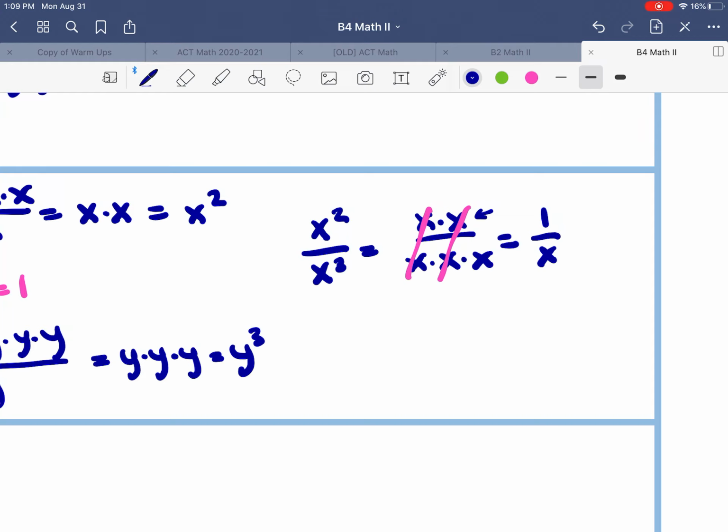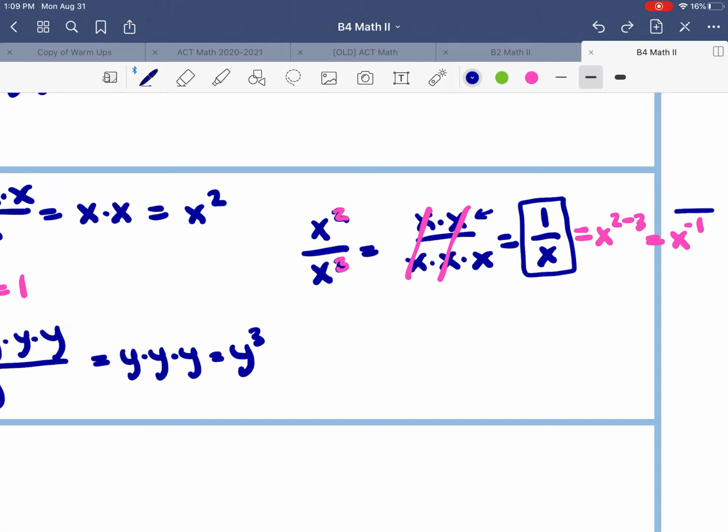And just as a note, if we use the rule that we just discovered, we have the exponents of 2 and 3. So the rule says we should subtract those, and this subtraction would be x to the 2 minus 3, which gives you a negative 1. So just keep that in mind for later. Both of these are correct, this 1 over x and this x to the negative 1.